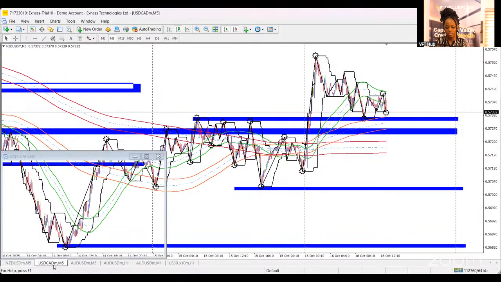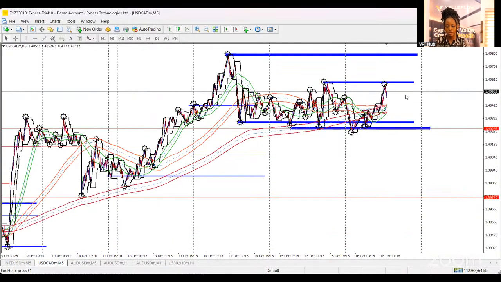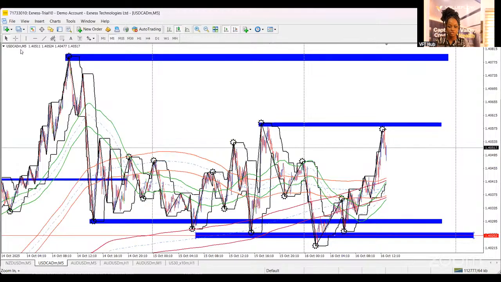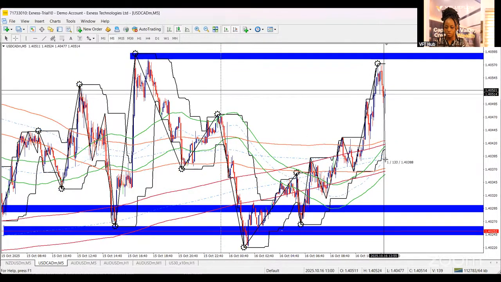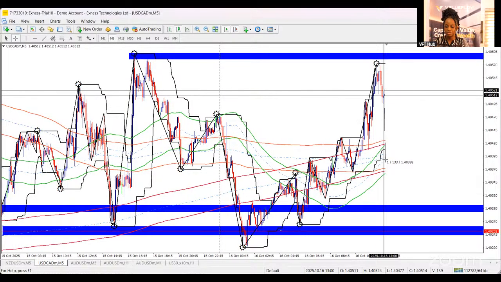Now, USD CAD M5, these are the key levels we marked out. We saw this buy happening. Price has now bought into a resistance zone, which is yesterday's high, and it's starting to react. So right now, I'm thinking USD CAD is going to give us a short sell from here, maybe all the way into this zone. That's about 13 pips away, so it's not exactly significant like that.